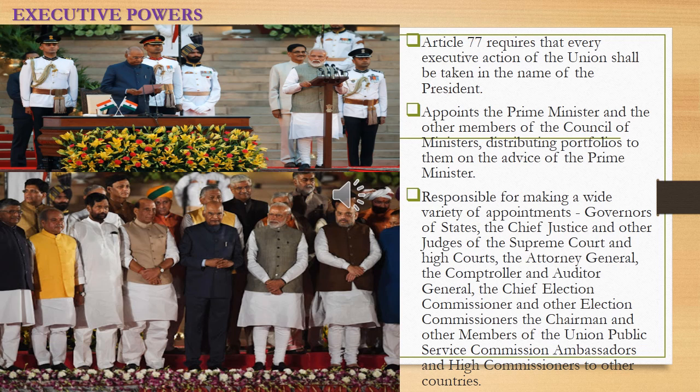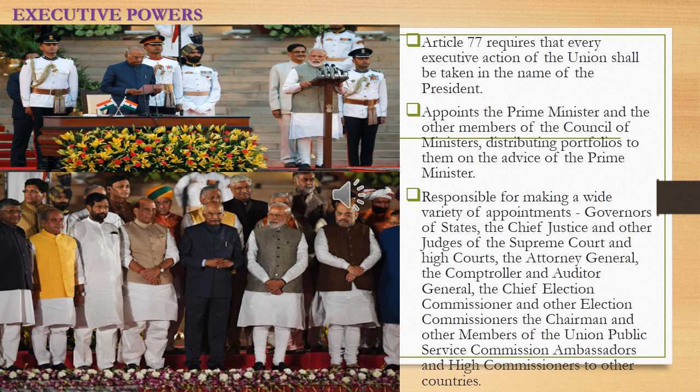Executive powers. Article 77 requires that every executive action of the Union shall be taken in the name of the President. Executive power means the part of your government responsible for putting laws into effect. So who puts laws into effect? That is the executive power. The President is responsible for putting laws into effect.